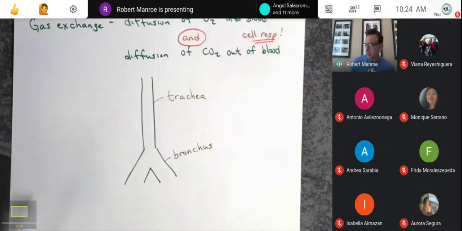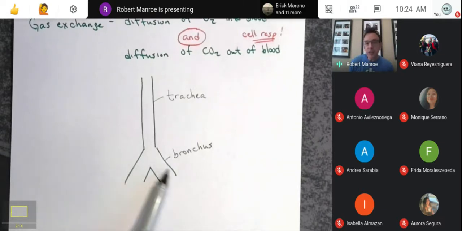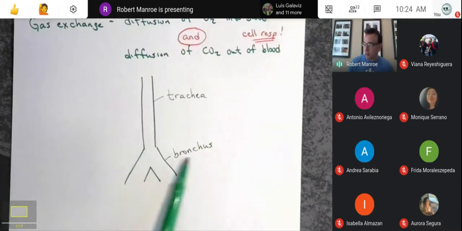So when you get a bacterial or viral infection in the lining of the bronchus, as the immune system pumps lymph, water, and white blood cells to this area, you get inflammation in this area. Now, the Latin root for inflammation is itis. And so when you have itis in your bronchi, you have bronchitis.